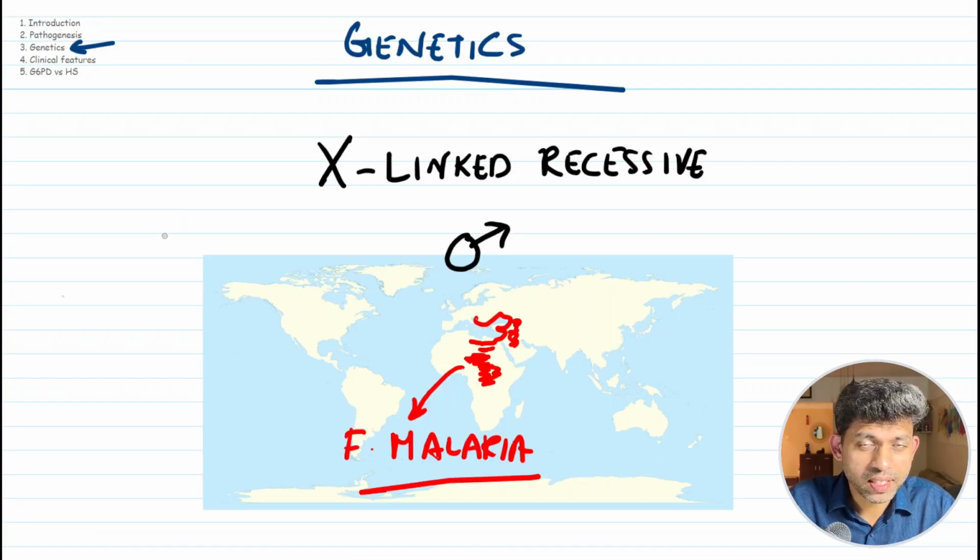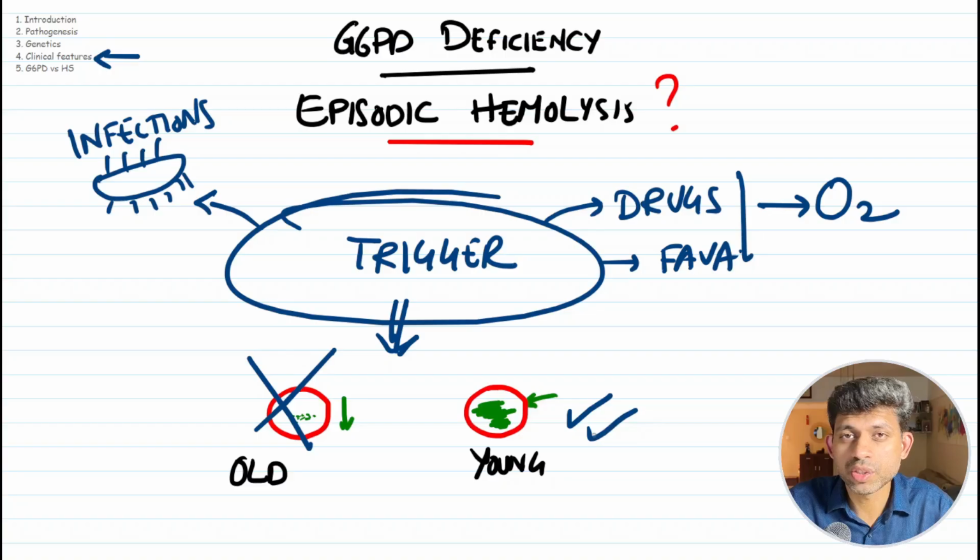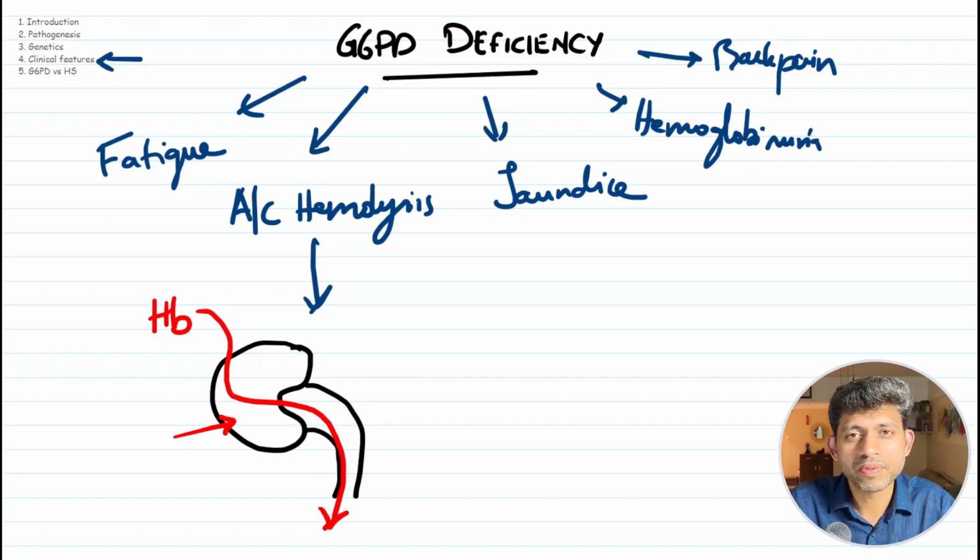And then we saw that G6PD deficiency is an X-linked recessive disorder, and clinically patients usually have episodic hemolysis due to a trigger, which can be drugs, infections, or fava beans, or any other oxidative stress, which can clinically present as fatigue, jaundice, hemoglobinuria, back pain, etc.